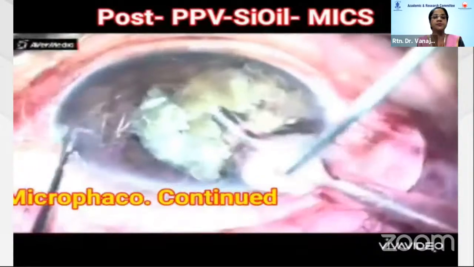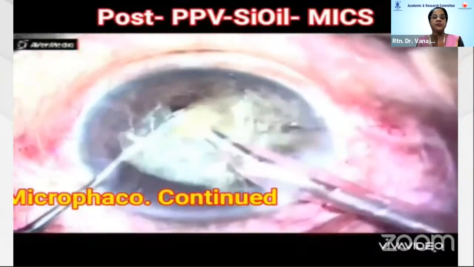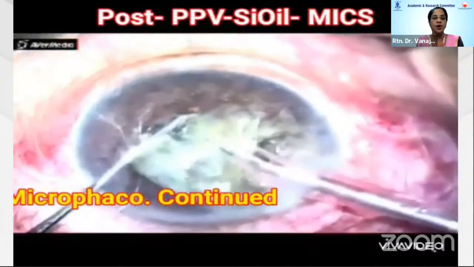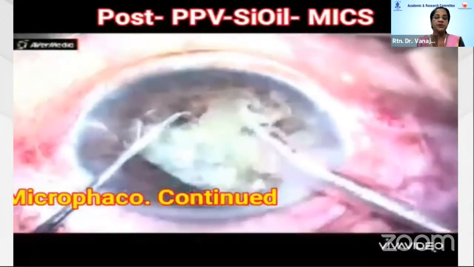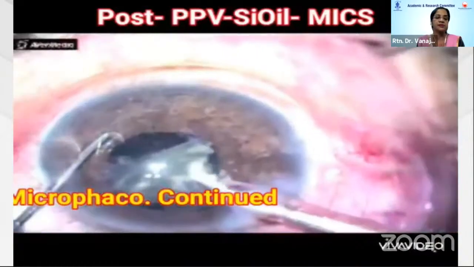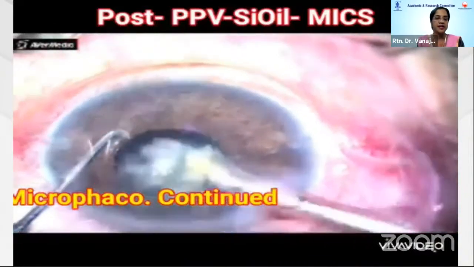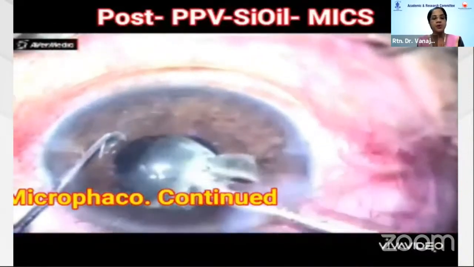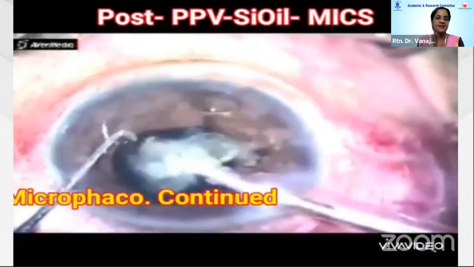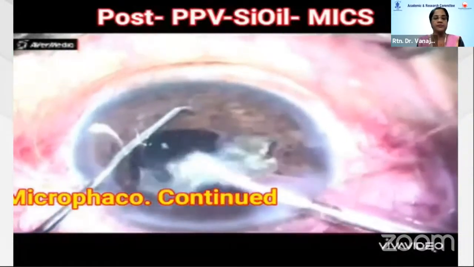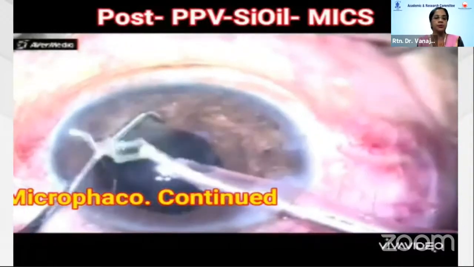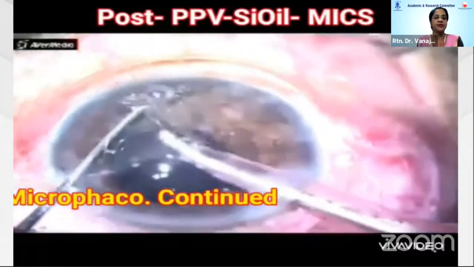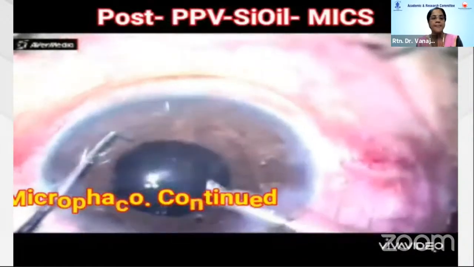I complete the case with the peripheral chop as I started, in the iris plane, deepening the chamber with the viscoelastics. I'm very careful with the chopper not to bring the PC or the iris into the tip.